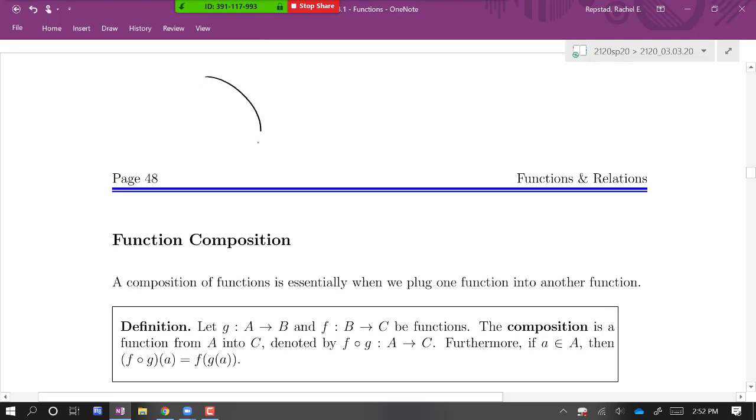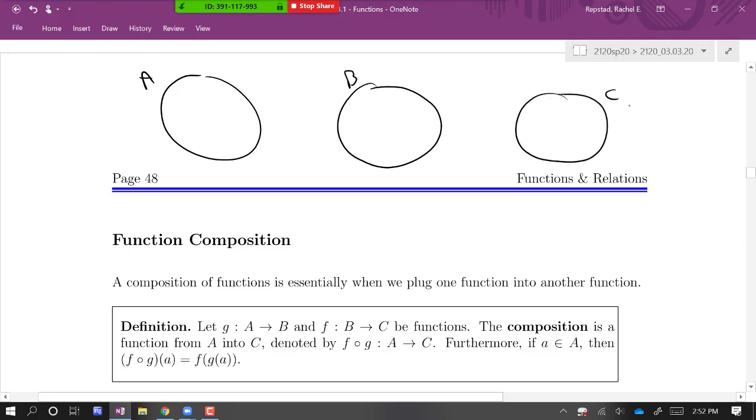I've got 3 sets: set A, set B, and set C. They tell us that G maps from A to B, and F maps from B to C. When I say the domains and codomains are compatible, I mean G maps into a set that is the domain of F. So F can pick up where G leaves off. That's what I mean by compatible.